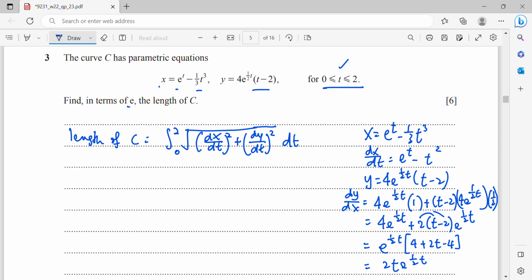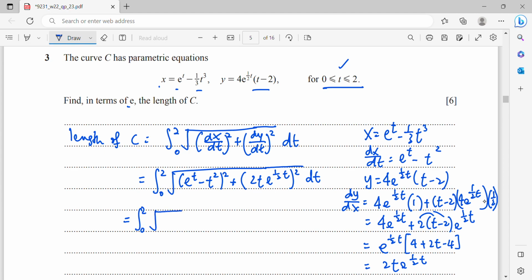Then now I will replace all this here. So square root of (dx/dt) squared, so (e^t minus t squared) squared, plus (dy/dt) is 2t e^(t/2). Okay, so now here we have to do expansion because of the square.